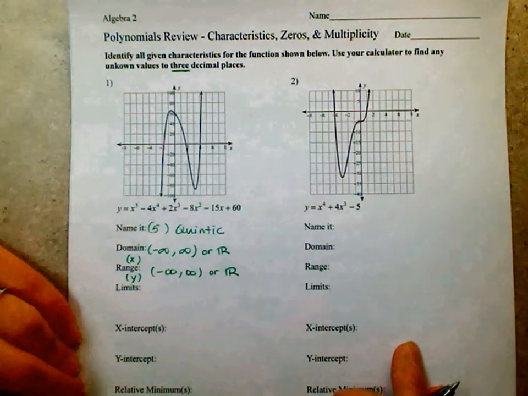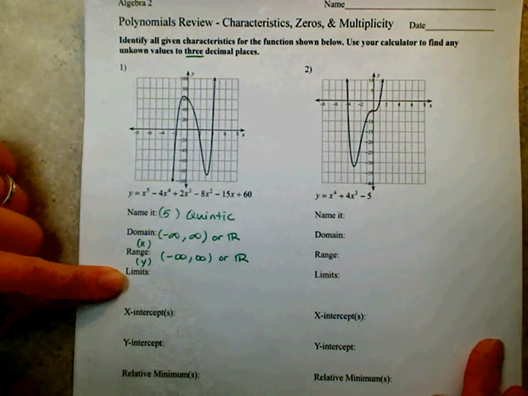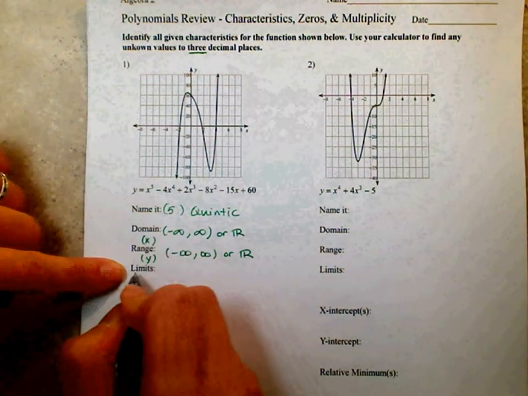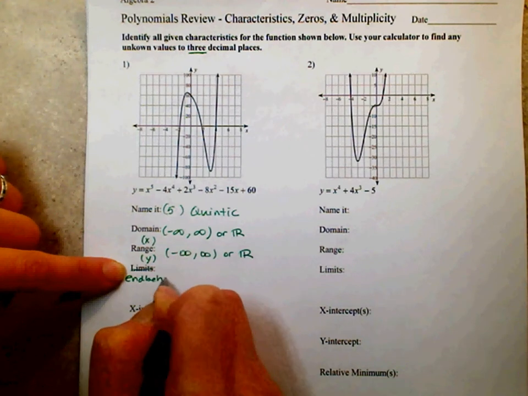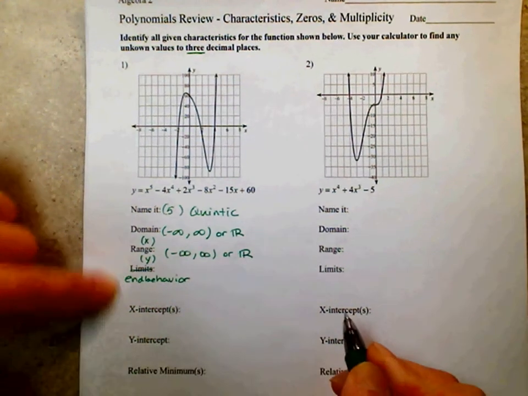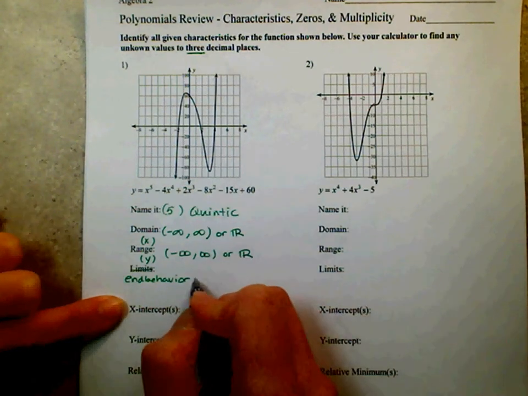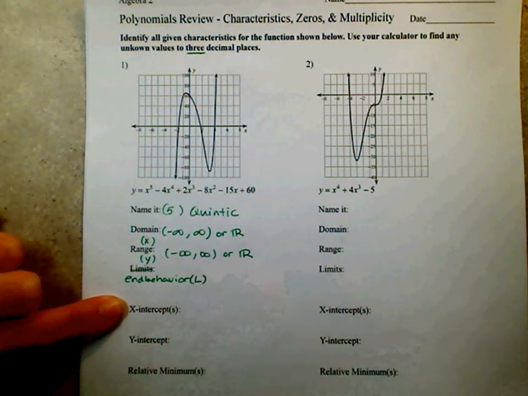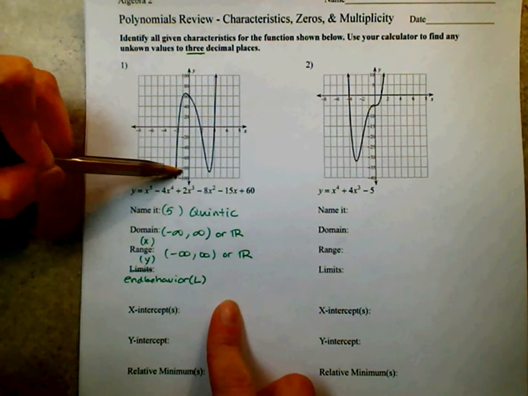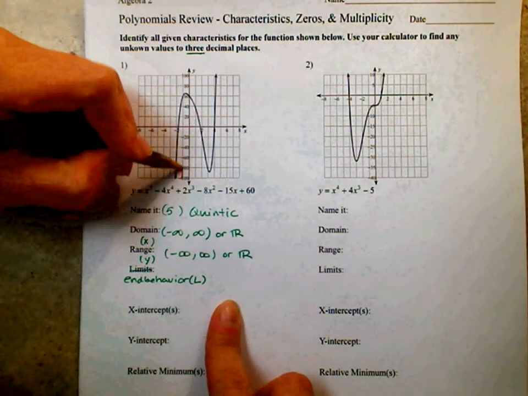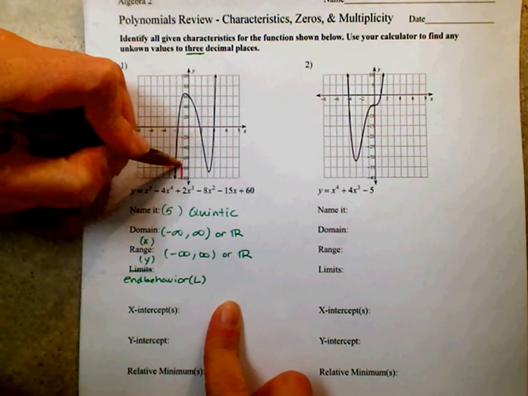Okay. The word limits here means the same thing as end behavior. So if you want to mark that off and write end behavior, I will be perfectly fine with that. Okay? In end behavior, there's a left and a right end behavior. So let's take a look at our left. On the left-hand side, you notice we're talking about the 2 arrows here. We have this one going this way and one going down.